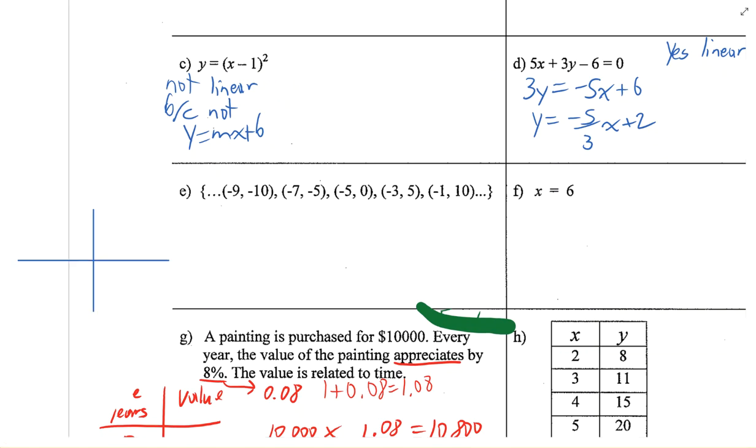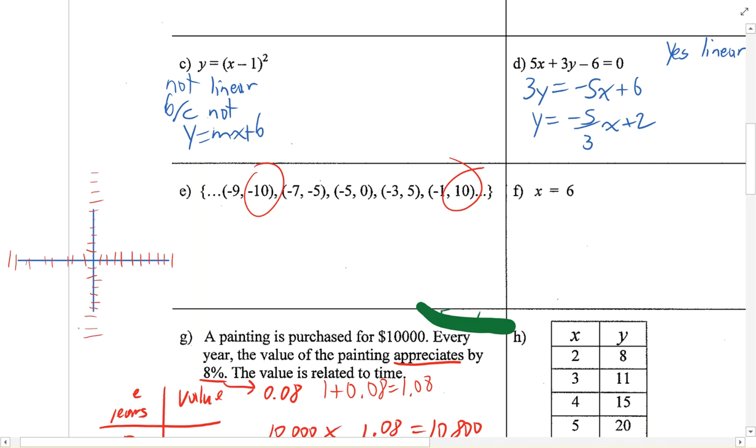Okay, and so I'm going to graph, looks like I'm going to 10 and 10, right? So 1, 2, 3, 4, 5, 6, 7, 8, 9, 10 on each direction.